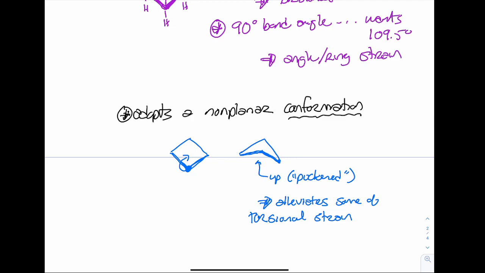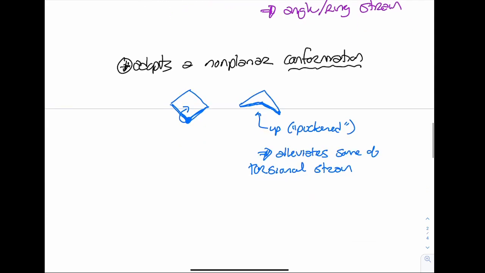So overall it's going to be more stable than when it was planar. So this does increase angle strain some, or ring strain. But again, it's relieving more torsional strain than it is adding angle strain, so overall it's okay. This structure actually has a name. We would say it's a boomerang.